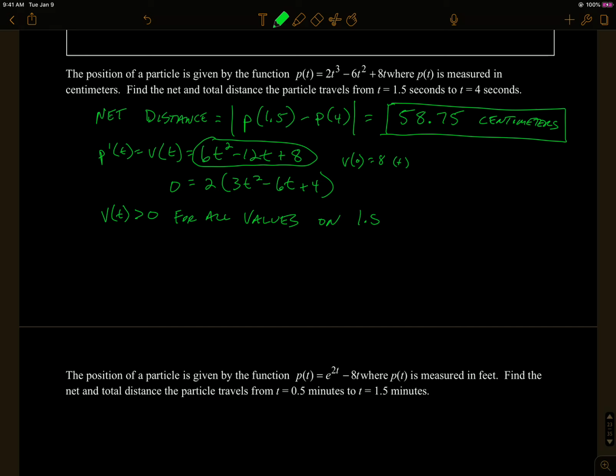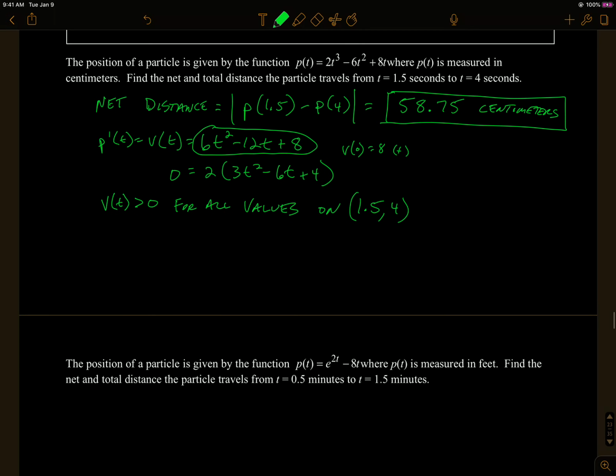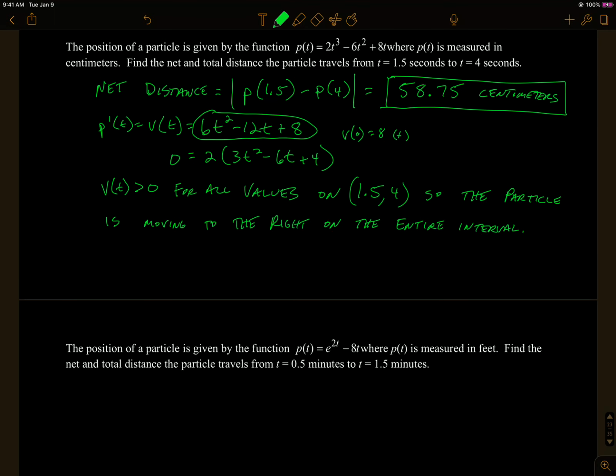On the interval, the particle is moving to the right on the entire interval. So it's always going right. There is no change of direction. That means net distance equals total distance.